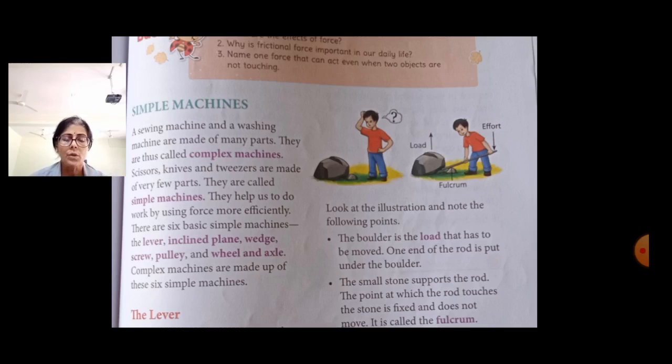The small stone supports the rod, and the point at which the rod touches the stone is fixed and does not move. It is called the fulcrum. The rod is free to turn around the fulcrum.